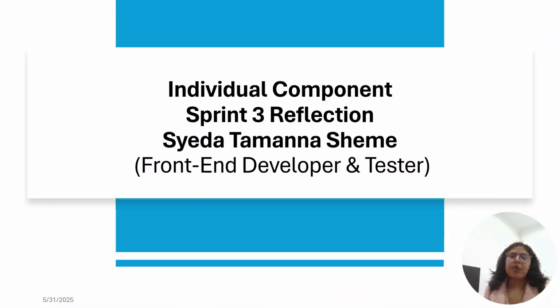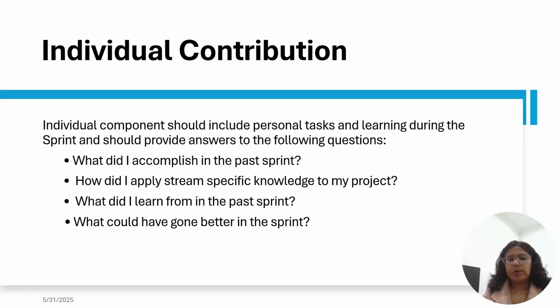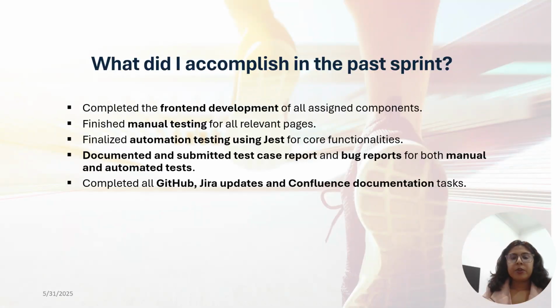Now I will start my individual component, my personal Sprint 3 reflection. As I am working as a front-end developer and tester, I will cover both. First, let's see what I accomplished in the past sprint. As a front-end developer, I developed all the assigned components and completed the UI components.